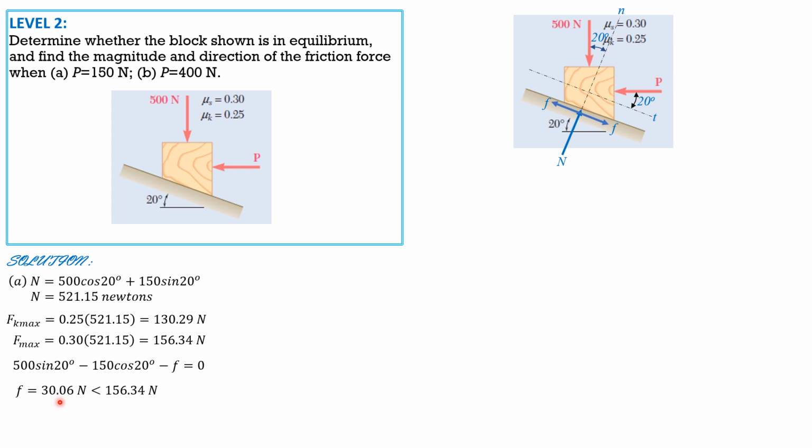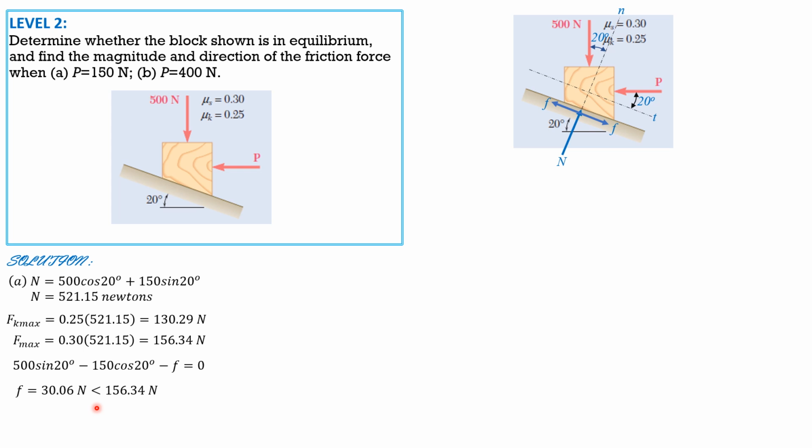F is 30.06, the frictional resistance required so that this block remains in equilibrium. And since this is less than the maximum frictional resistance, therefore the block is indeed in equilibrium.